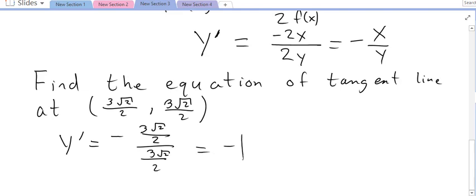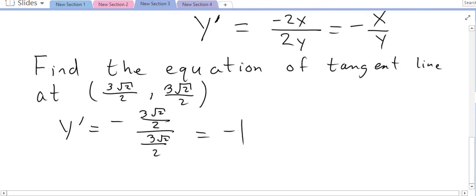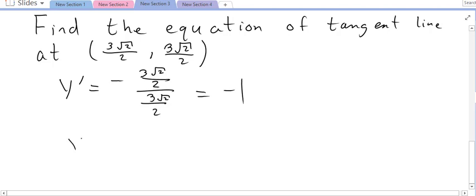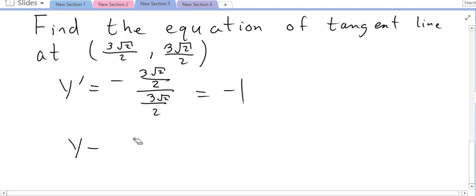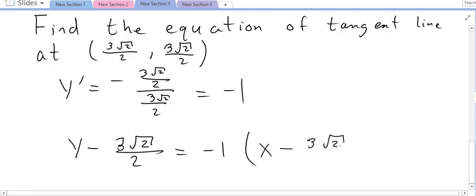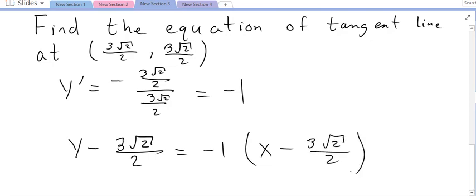And so we get that the slope of that tangent line is negative 1. So we plug that into our formula for the line through that point with the slope that we've found. And we do our normal tangent line thing and we get this.